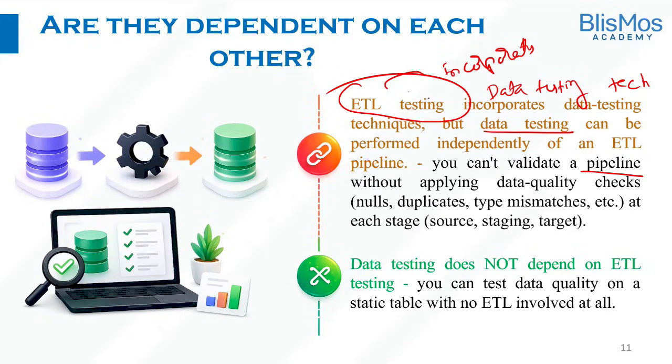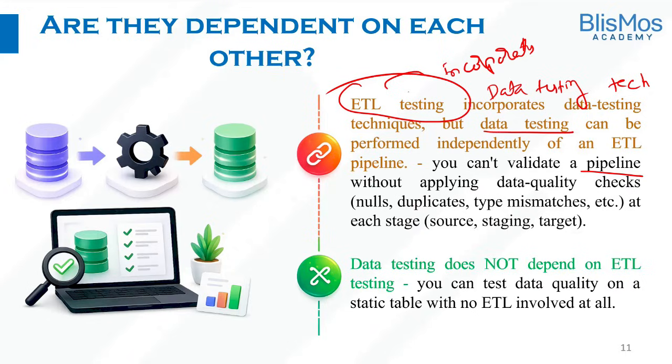So the simple memory line would be: ETL testing needs data quality validation. Data testing doesn't need an ETL pipeline. On a lighter note, ETL testing needs data testing in its life, but data testing is perfectly capable of being independent.